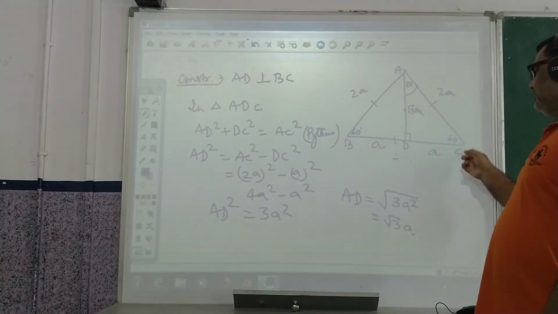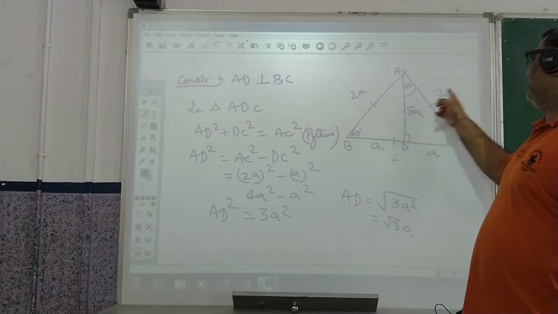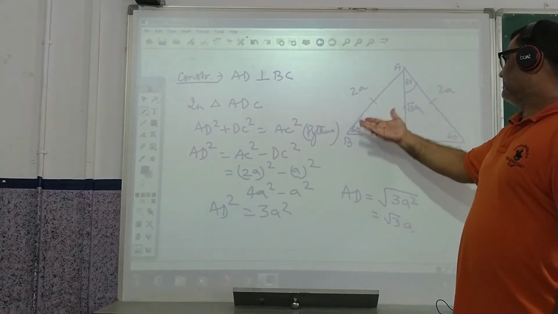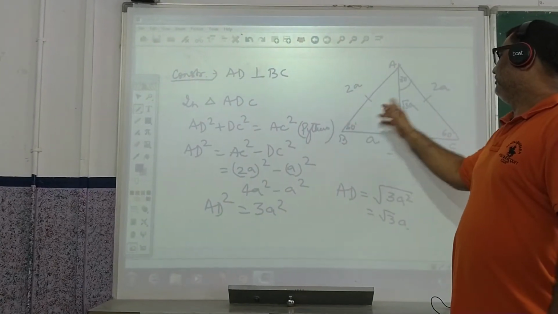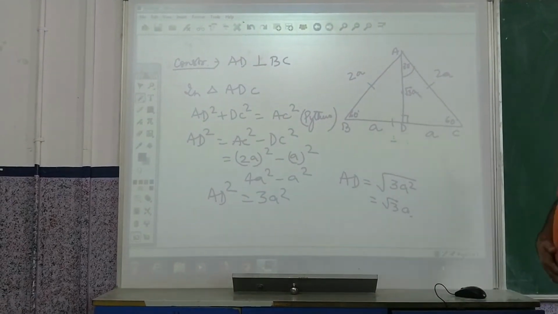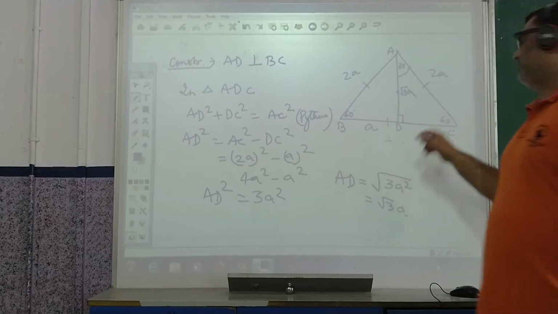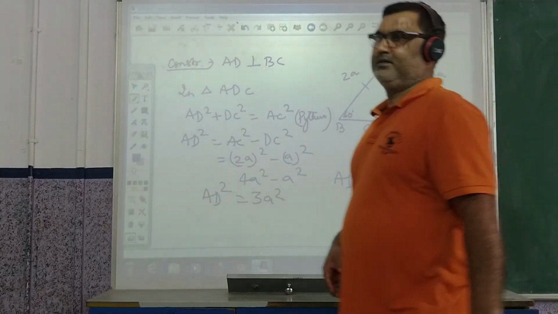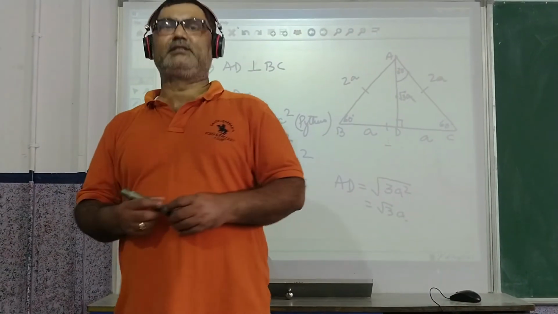Now, in triangle ADC, we have DC, AD and AC. Again, the same thing is for triangle ADB. We have AD, BD and AB. Now, we can find out the values for 60 degree: sin 60, cos 60, tan 60.